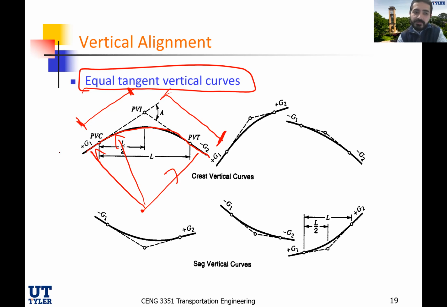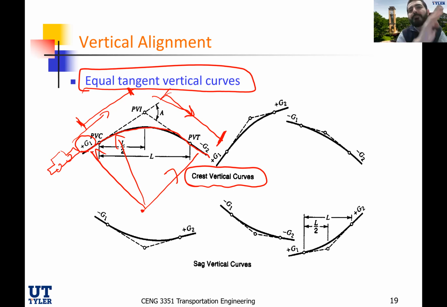So if I'm driving on this roadway going uphill and then going downhill, this is what we call a crest vertical curve. A crest vertical curve is going up and down. This is the positive G1. What do I mean by positive G1? Going up in vertical alignment is always positive.